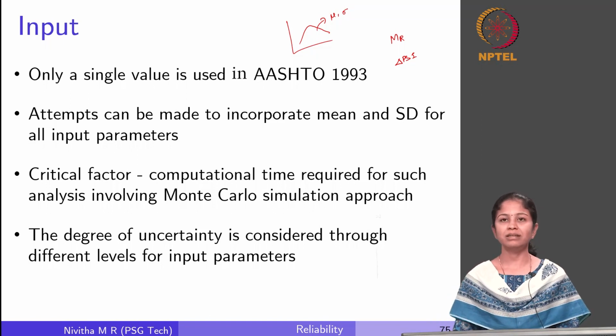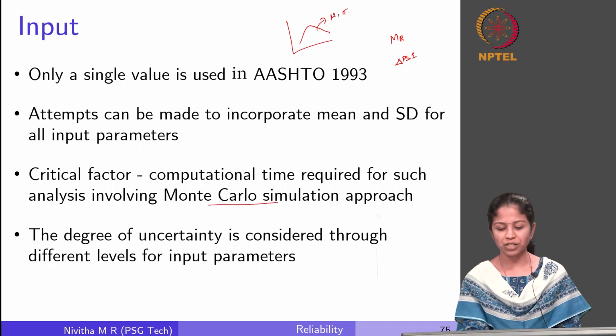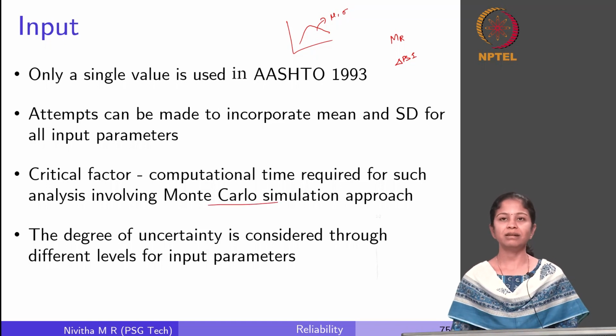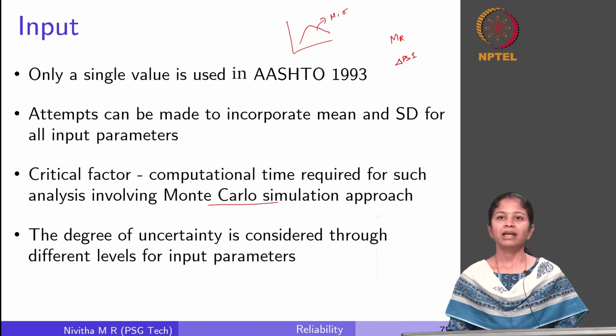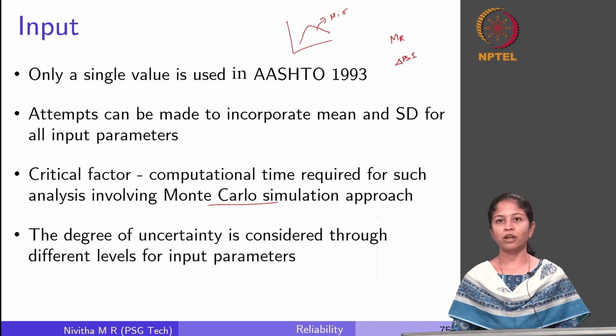So, this is usually executed through the Monte Carlo simulation approach. In the next lecture, I will be discussing in detail this Monte Carlo simulation approach, but if this kind of an attempt is made and it is incorporated into the design procedure, then the time consumed is enormous. It is not practical.